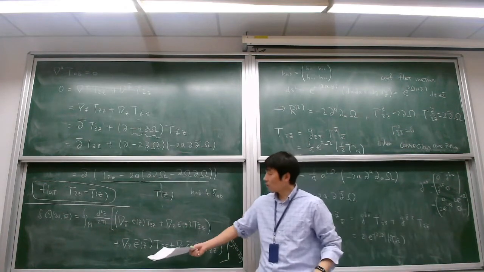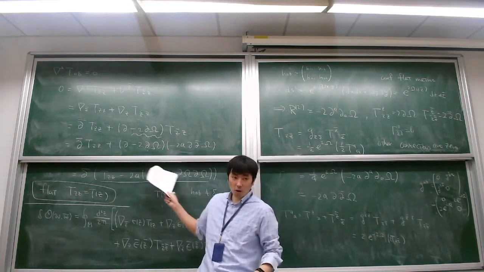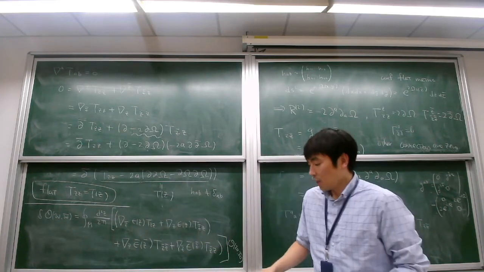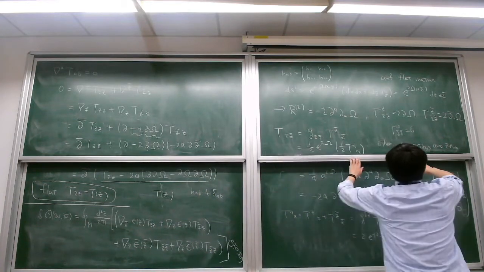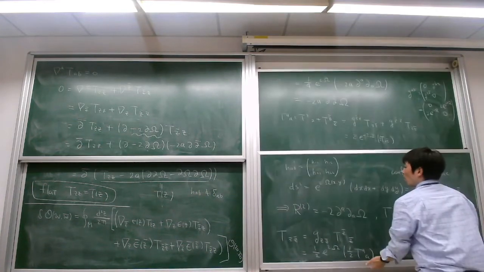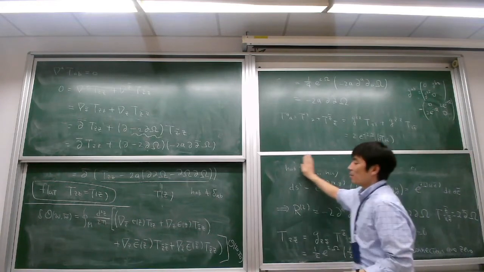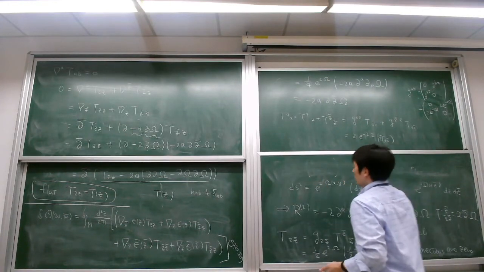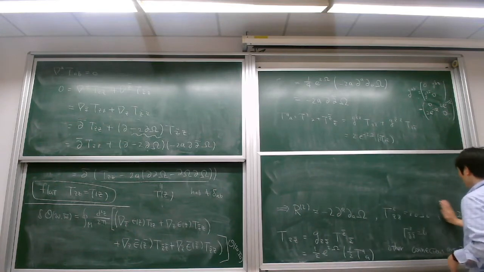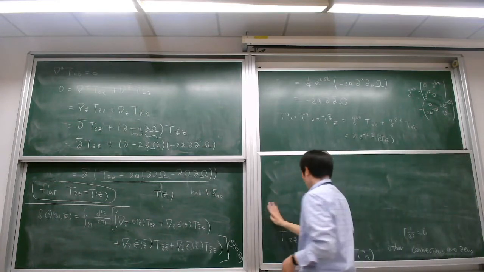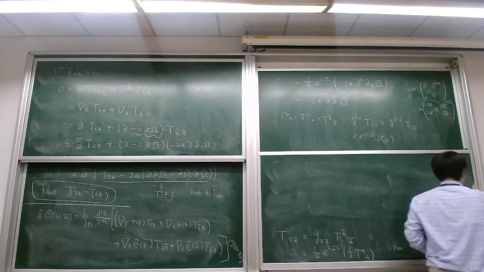And for the anti-holomorphic part, you just replace the anti-holomorphic part. Now we can do that, and then it boils down to the ordinary contour integral. What's nice about 2D CFT is that you can always boil down to a contour integral with OPE.